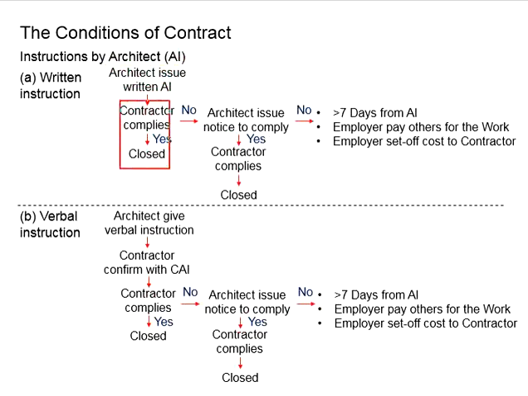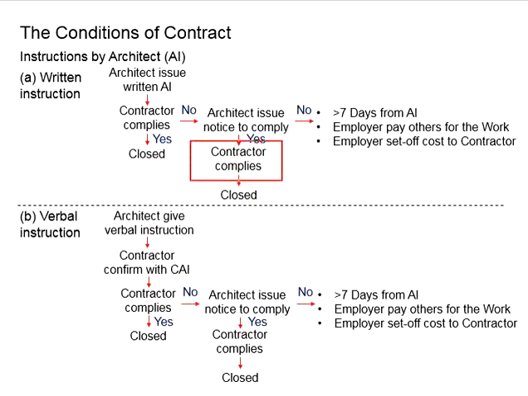The contractor should comply. If he complies, the case is closed. If the contractor chooses not to comply, the architect will need to send another notice to the contractors asking the contractor to comply. That means the architect is serious about the actions.